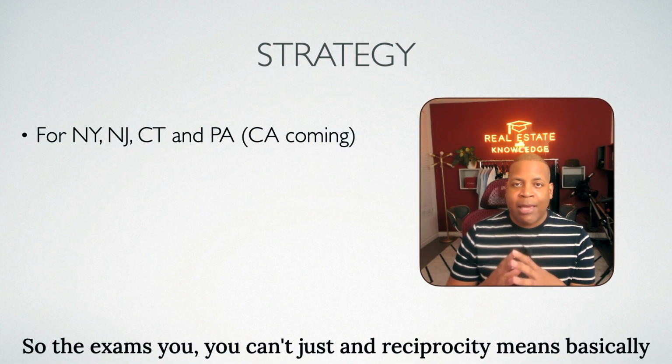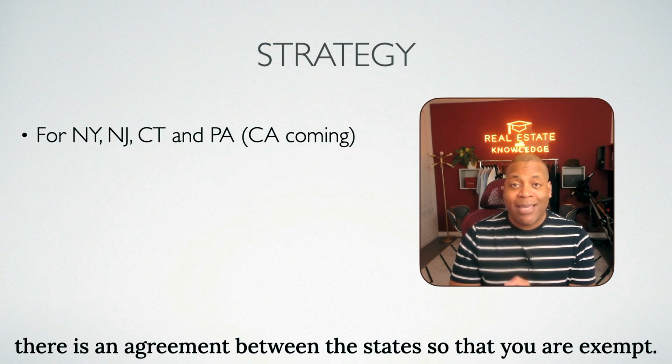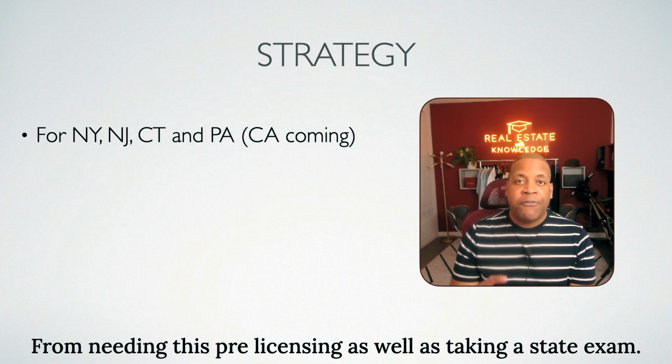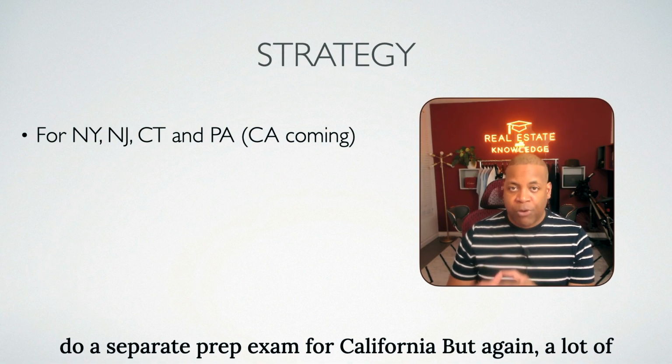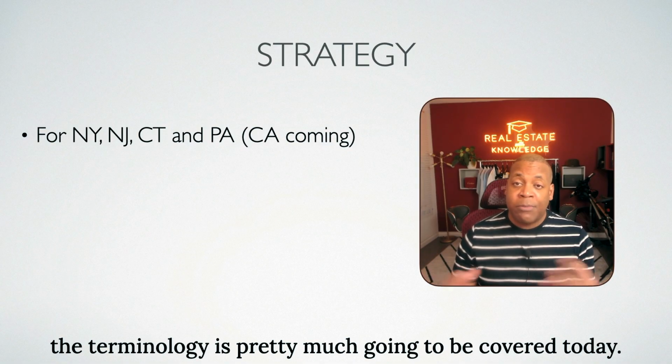Reciprocity means basically there's an agreement between the states so that you are exempt from needing this pre-licensing as well as taking the state exam. So with that in mind, that's the reason why I'm going to do a separate prep exam for California. But again, a lot of the terminology is pretty much going to be covered today.